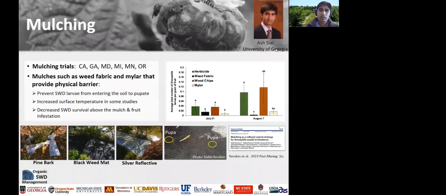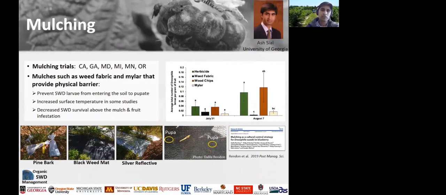Mulching is another factor. For example, when we look at the biology of the flies, when larvae feed, obviously within the fruit, when they're fully developed, they drop out of the fruit onto the ground and actually pupate inside the soil.